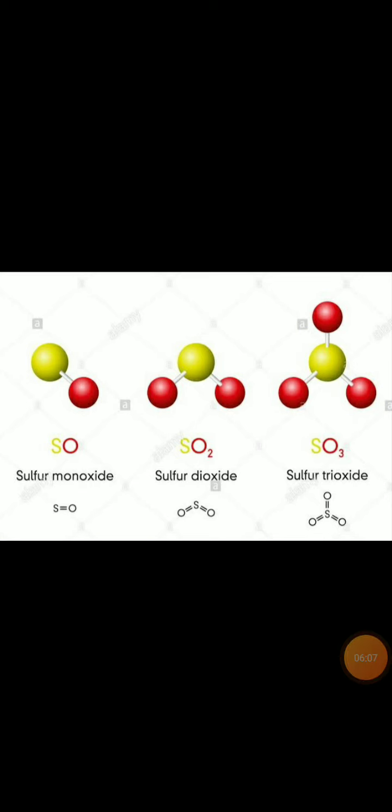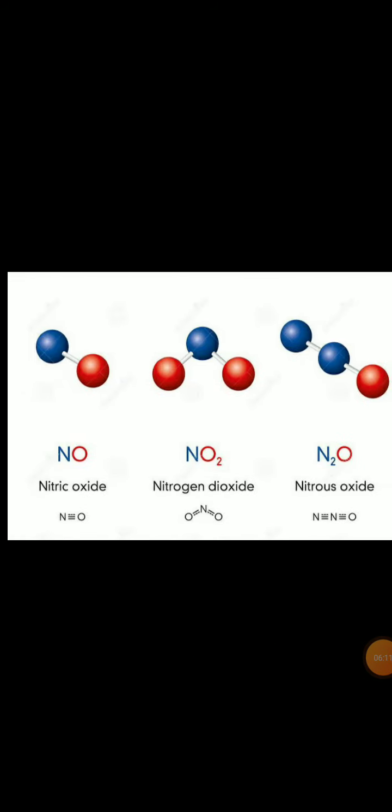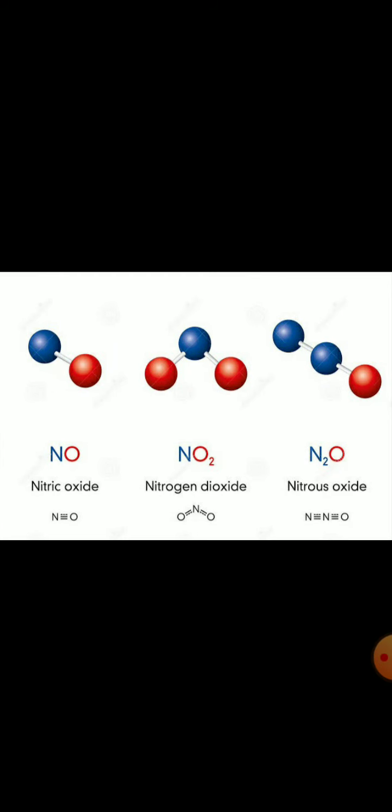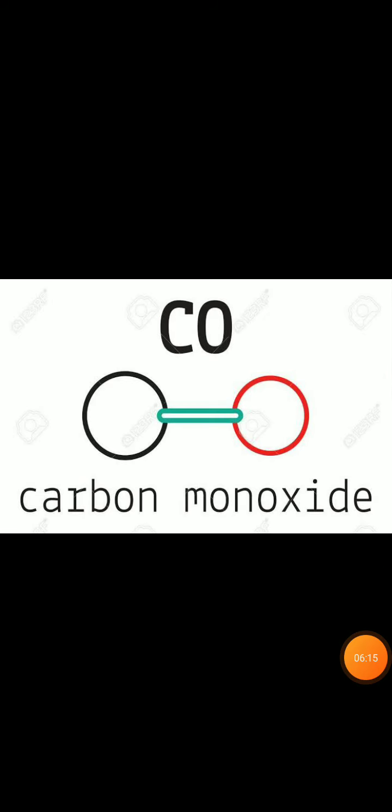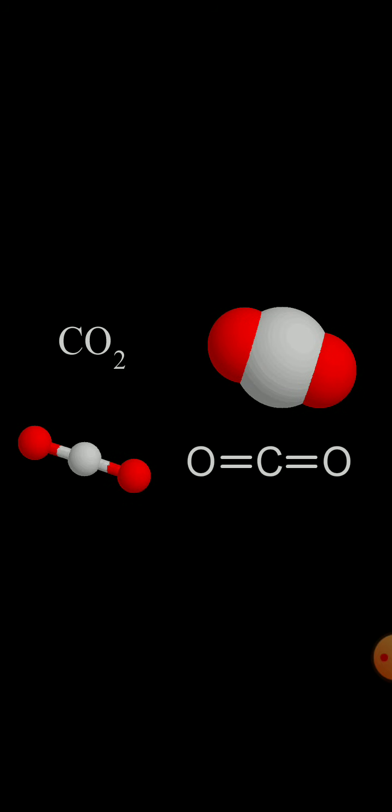From all these products, the oxides of sulfur, the oxides of nitrogen, and carbon monoxide are poisonous at high concentrations, and carbon dioxide is a greenhouse gas, which we all know.